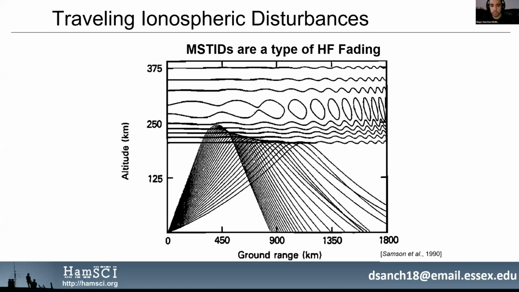This first image shows what happens to HF propagation when the ionosphere is perturbed. As the ionosphere becomes perturbed, the refraction decreases, and therefore the distance of the transmission increases.